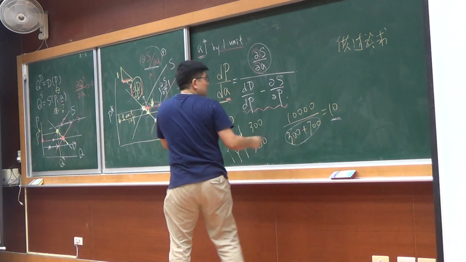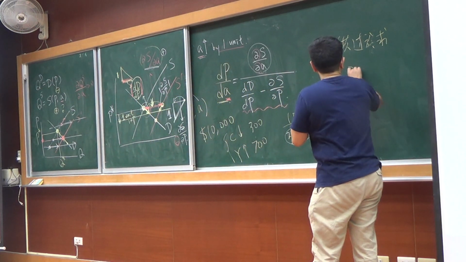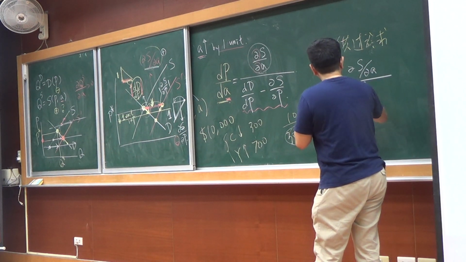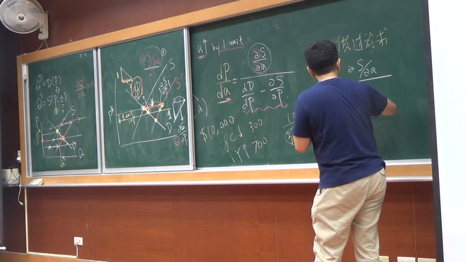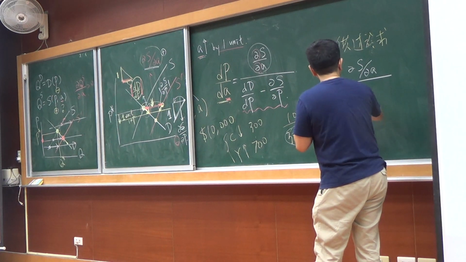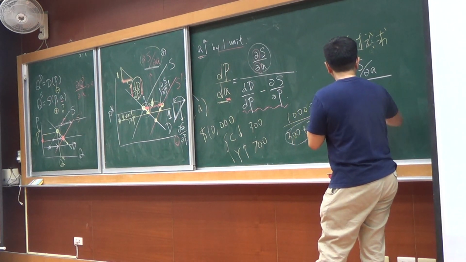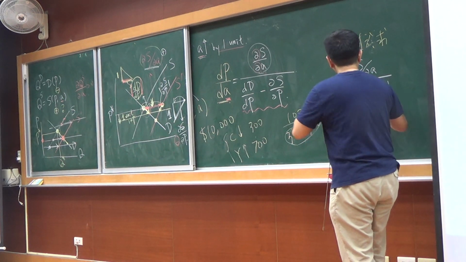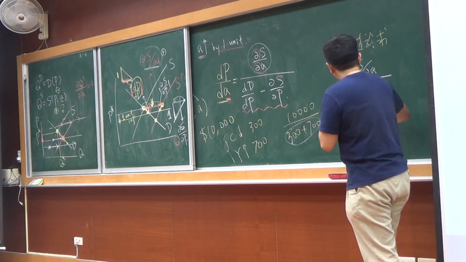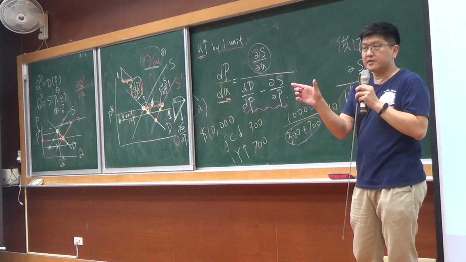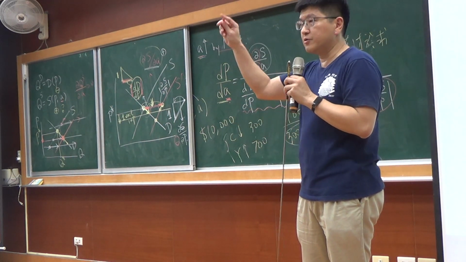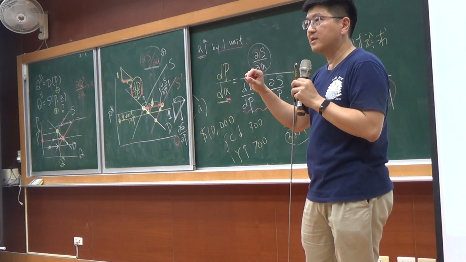So totally, partial S partial A, this is the size you may return by each unit in P.